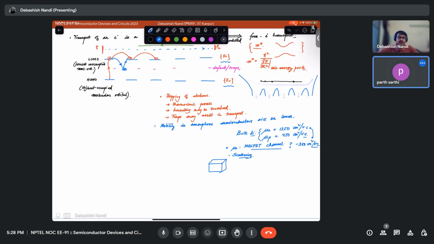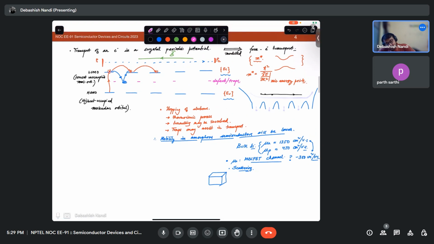You should ask, tell me which case you are talking about. Is this bulk silicon or electrons sitting nearby some channel, nearby some interface? Depending upon that your answer will change. Remember that. Mobility in these kinds of amorphous semiconductors is very low.